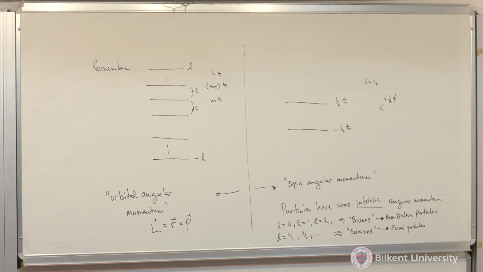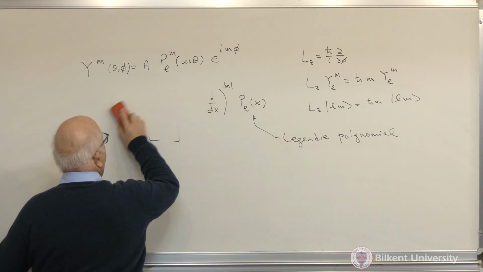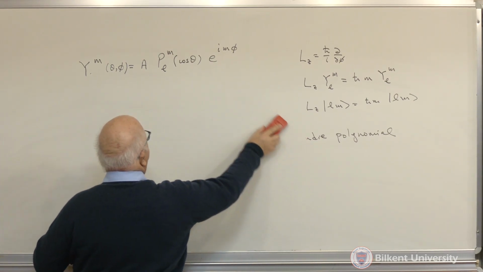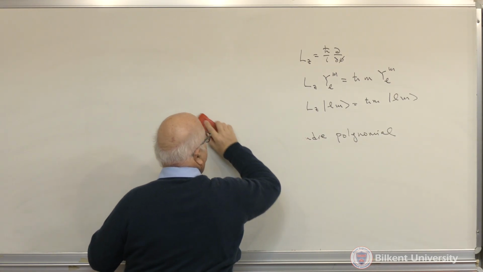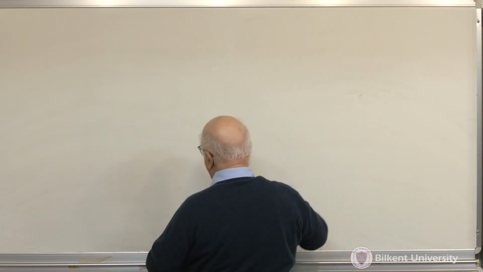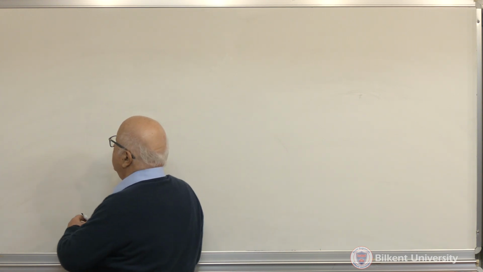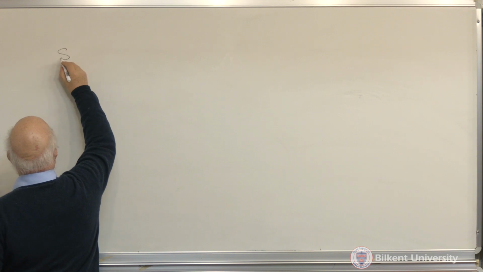What happens is we have practically the same analysis that we did for the orbital angular momentum. Let me just put here spin angular momentum.